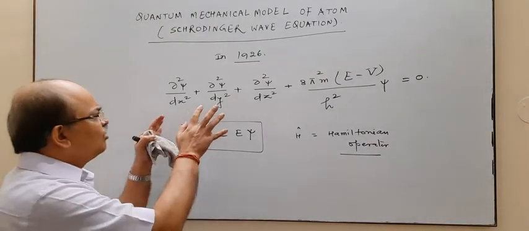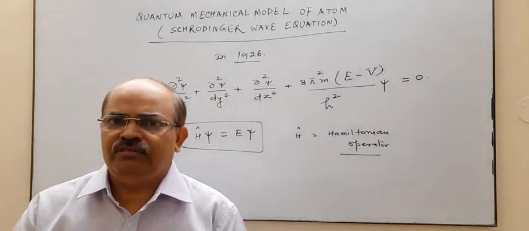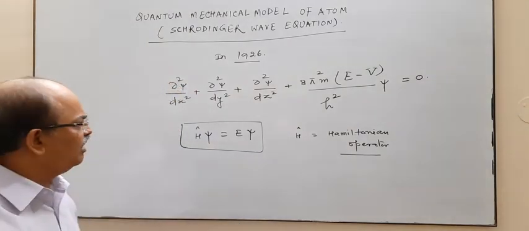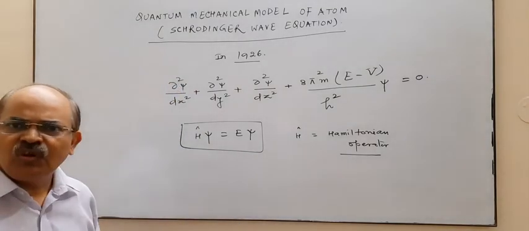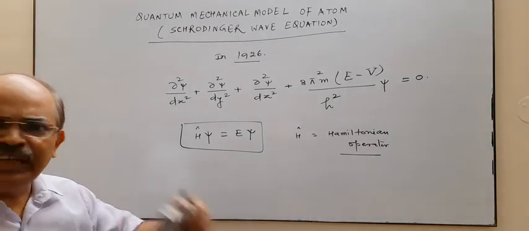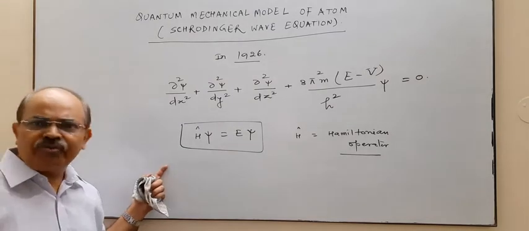Now, how is this Schrodinger equation applicable for the hydrogen atom? If we solve this Schrodinger equation, we get energy levels of fixed energy.